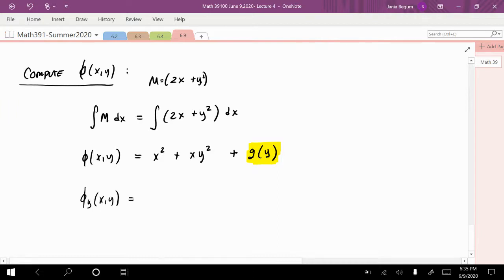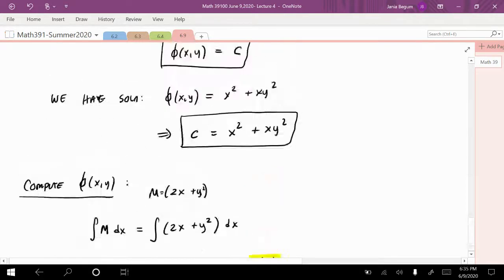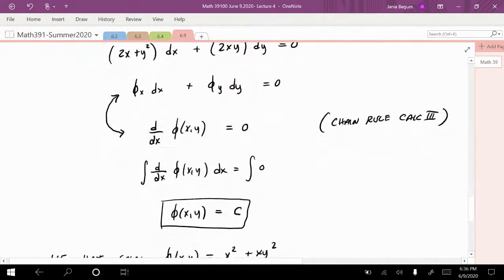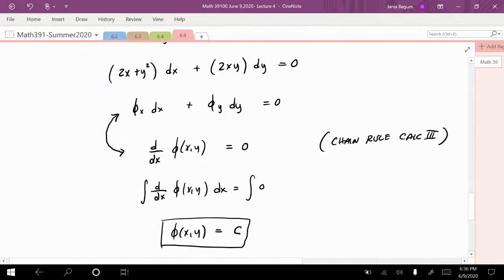If I differentiate x squared with respect to y, that's 0. If I differentiate xy squared with respect to y, we get 2xy plus, if I differentiate g, g prime of y. Now what is phi sub y? Isn't phi sub y the other part? Phi sub y was just 2xy, right?